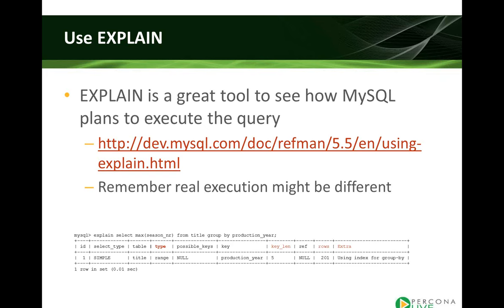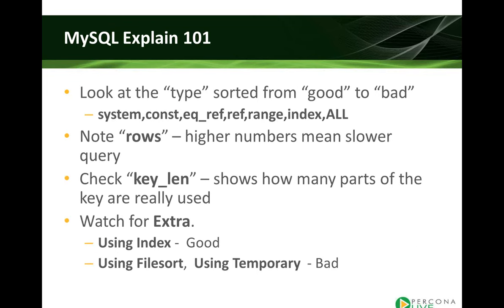So I just want you to look at the documentation, with a note that one of the things is that EXPLAIN really provides estimates about how the query can be executed. The real query execution can be a little bit different, so keep that in account. And I have provided here on the slides an EXPLAIN example, and I will talk a little bit about some of those pieces as the most important things to consider.